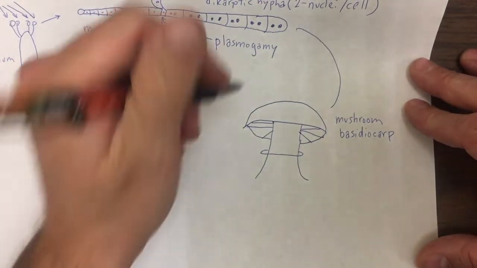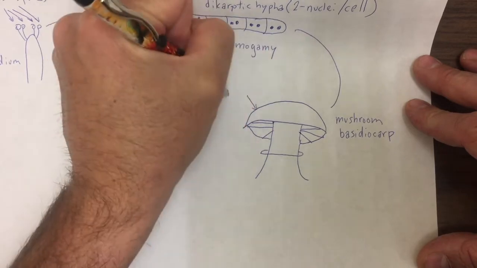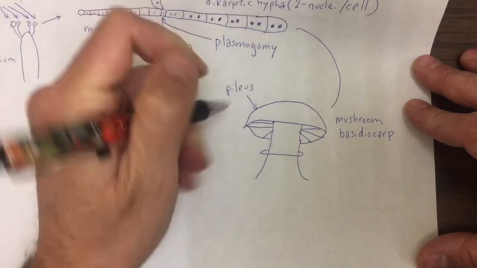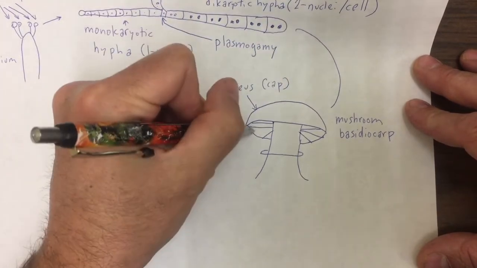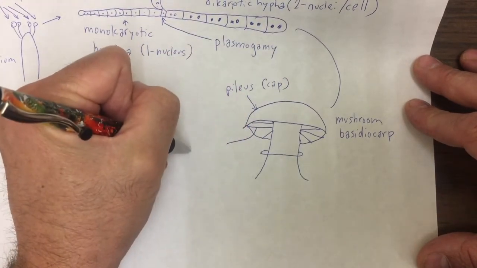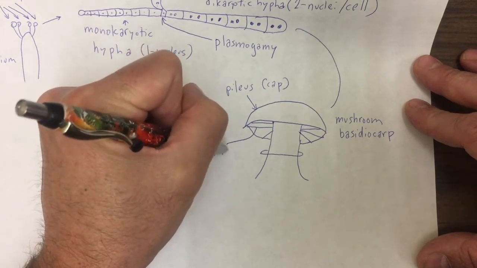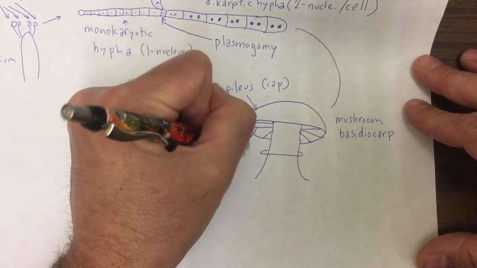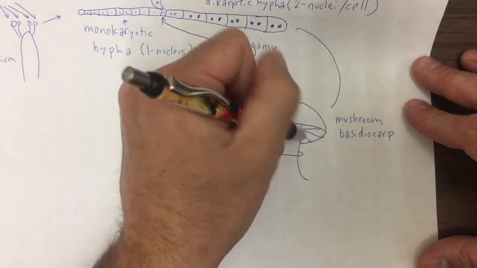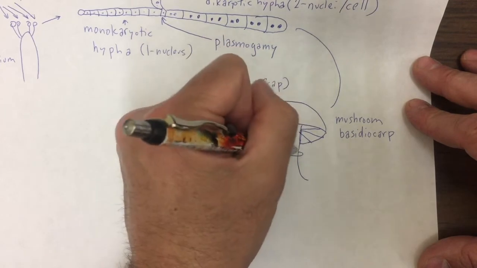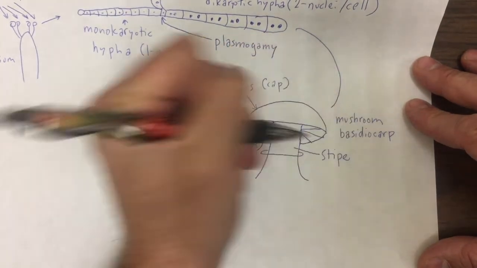And a basidiocarp has a cap called a pileus, and it's got these gills that are called lamellae. And the stalk of a mushroom, or what you might have thought of as the stem, is technically a stipe.